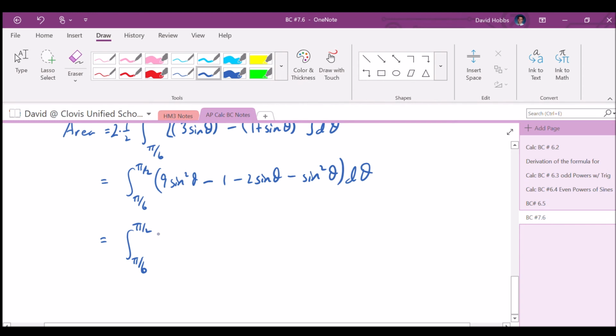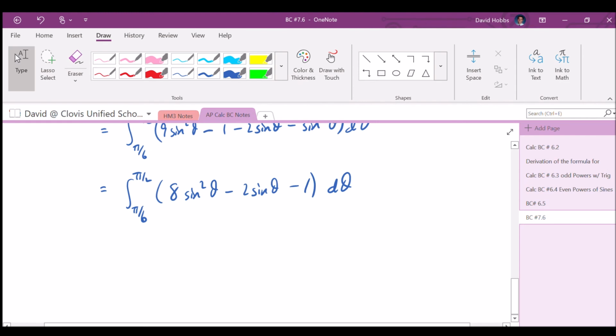We have 8 sine squared theta minus 2 sine theta minus 1. And okay, so the sine squared, we need to do our substitution. And so we're going to have 8 times 1/2, so it's going to end up being 4.